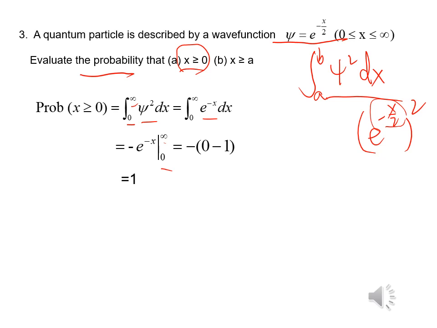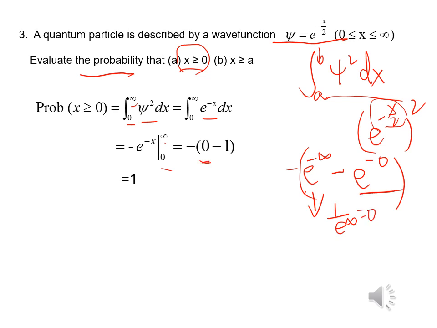Now you plug in infinity, so e to the negative infinity is the final, minus e to the negative 0, the initial. So final minus initial. e to the negative infinity is 1 divided by e to the infinity. That's 0. So the first one is 0, and the second one, e to the 0 power, is 1. So that gives you 1. So the probability in the range x greater than or equal to 0 is 1.